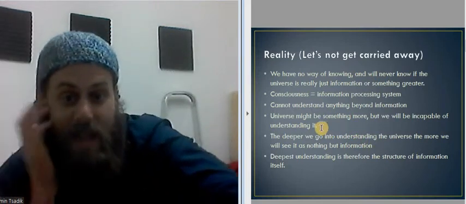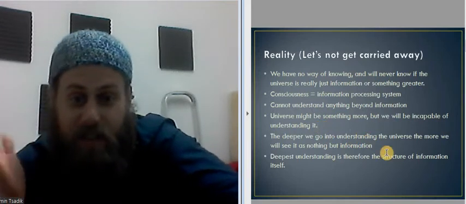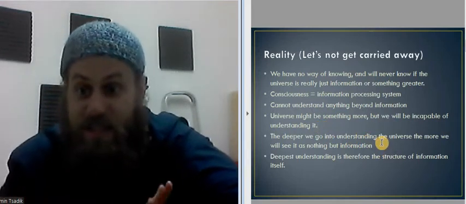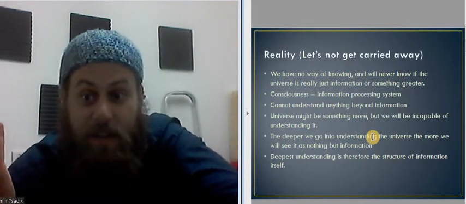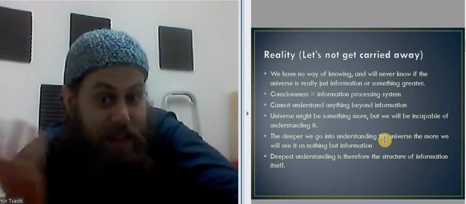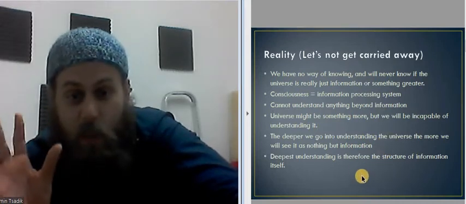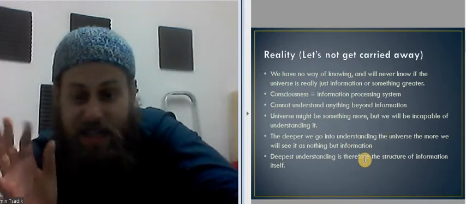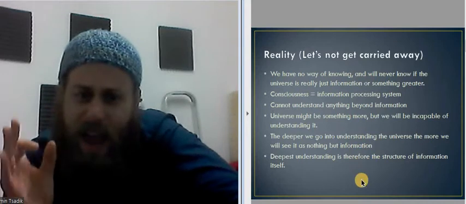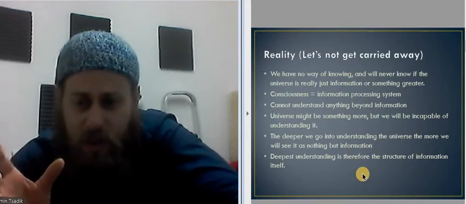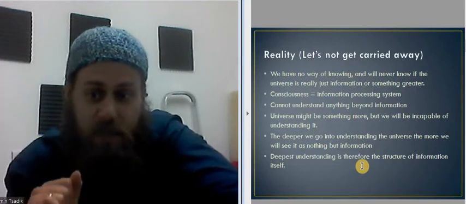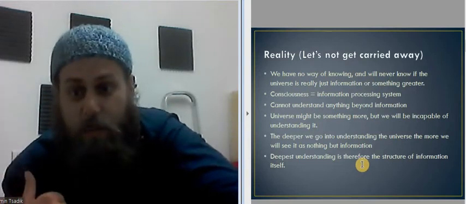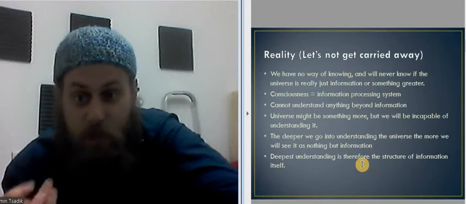So when information theory comes along and says the universe is nothing but information, well, could be. That's the only thing we can ever really say about it, right? And so what information theory says is that the deepest we can ever understand the universe is the structure of information itself, okay? Everything is going to come to us in information in some form or another.